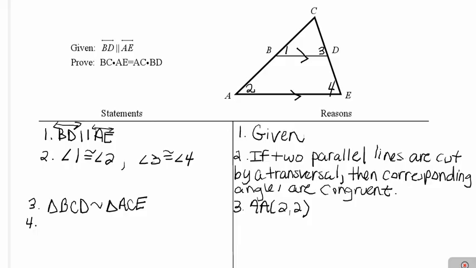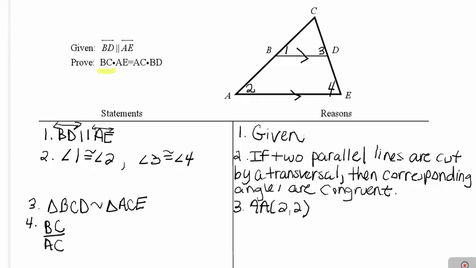No, we don't need to write out the 3 ratios. We only need to write out the 2 ratios that are needed to prove that final statement. So I always start with whatever the first side is in my proof. So BC. And then I look at the order of the letters. So what side does BC correspond to in the other triangle? It corresponds to side AC.